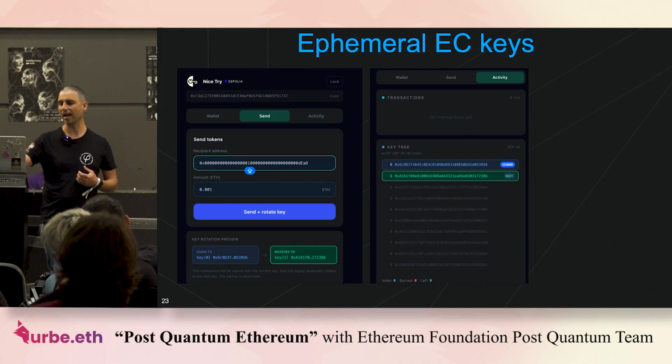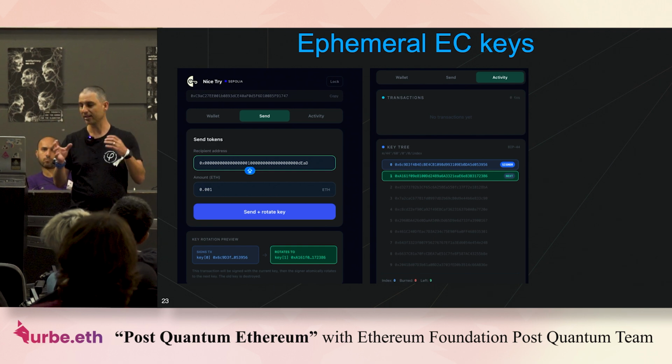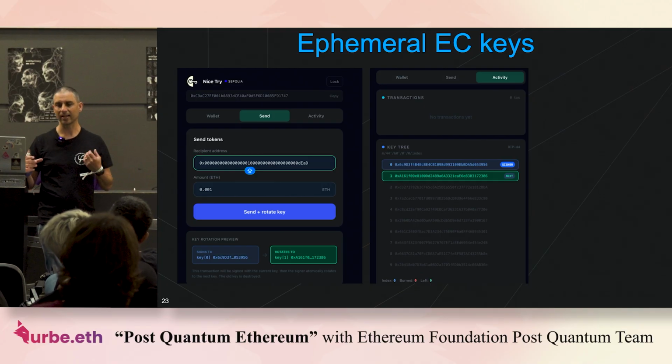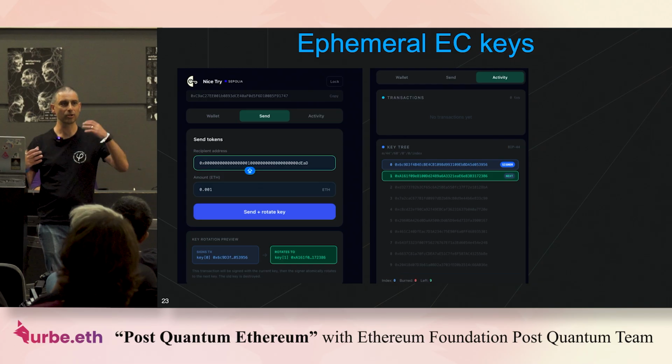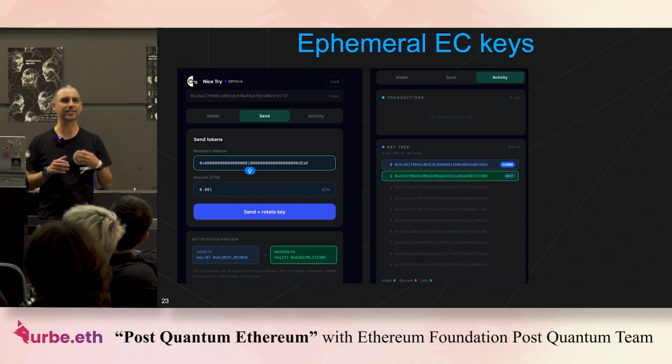So on the left, you have your stable address, which is the hash of the public key, so you never expose the public key. But what you do instead, every time you do a transaction, you rotate your public key, so you expose the public key in the mempool for only about 12 seconds.